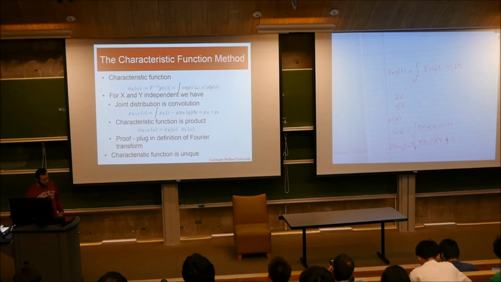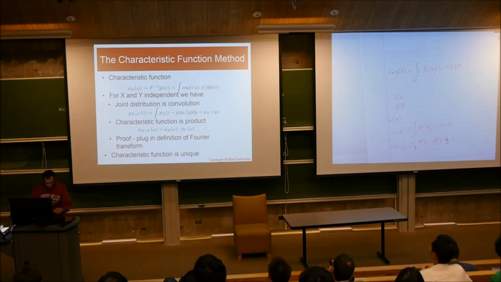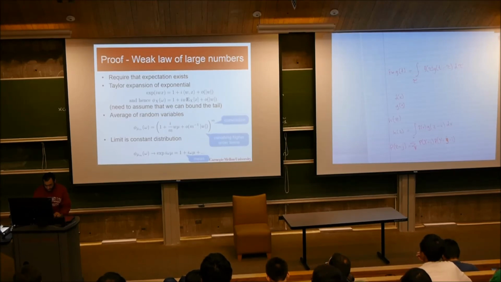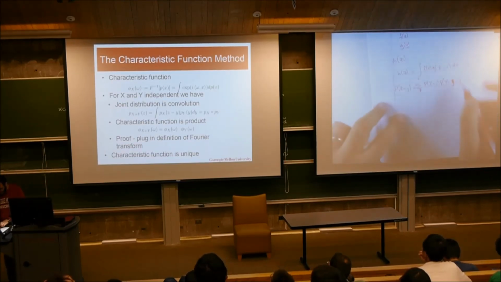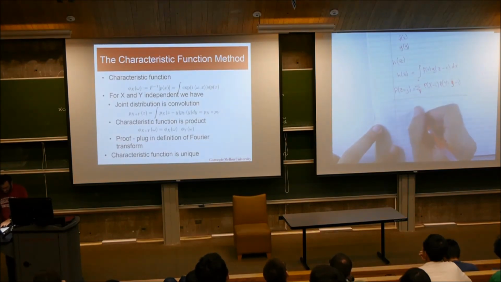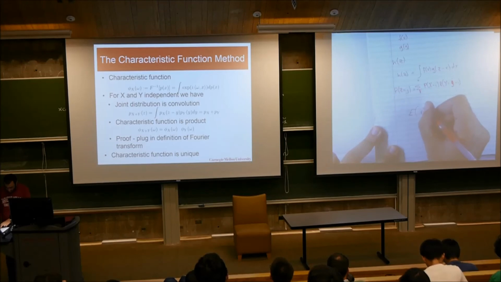So the characteristic function is just, some people write it this way. Some people just write it as the expectation of e to the power i omega x.